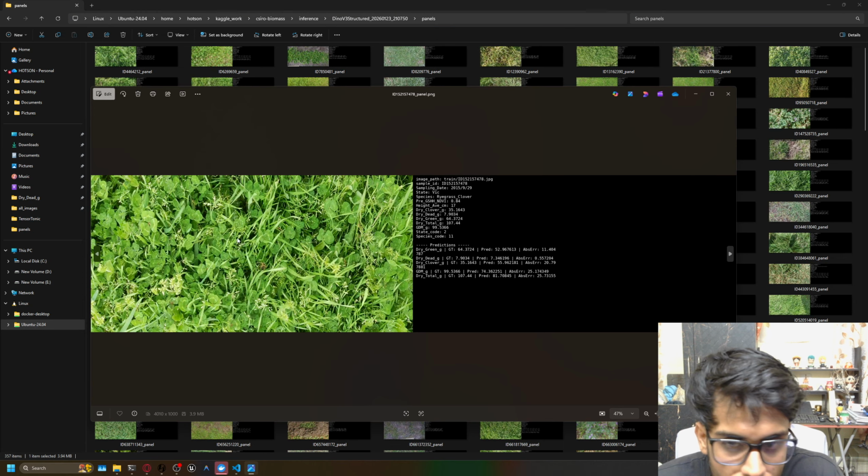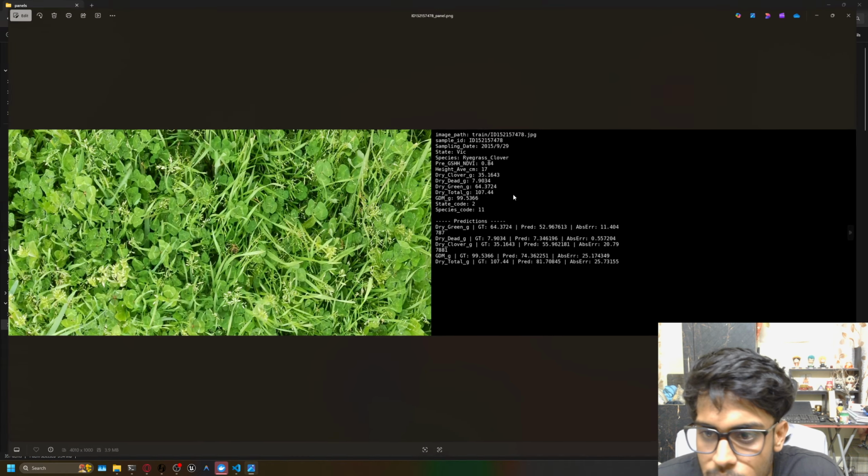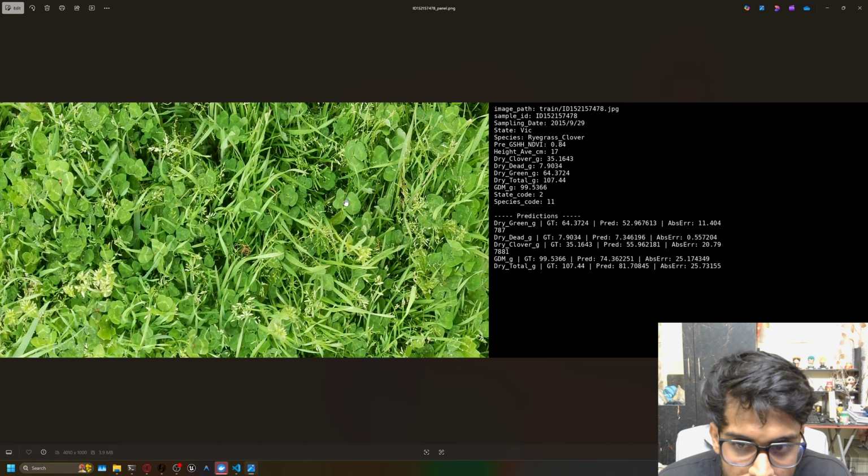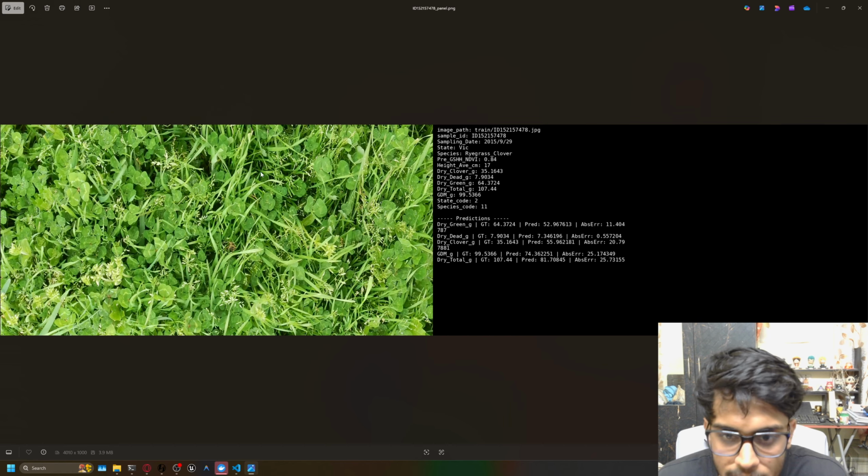Oh yeah, these are the clover leaves you can see. If I zoom in, here you can see these are the leaves that I was talking about. These are clover leaves, and here the clover has a very significant amount, which is 35.1643, whereas the greenness is 7, which is pretty low. But if you consider it, everything is green.